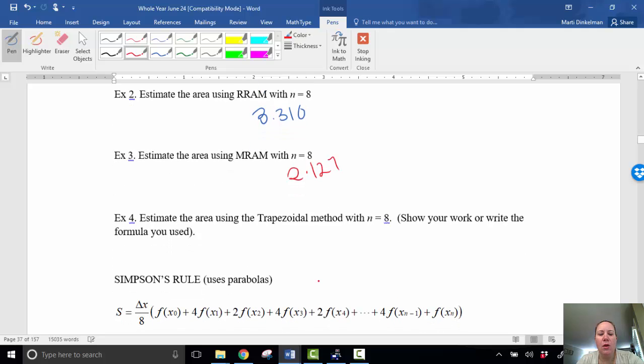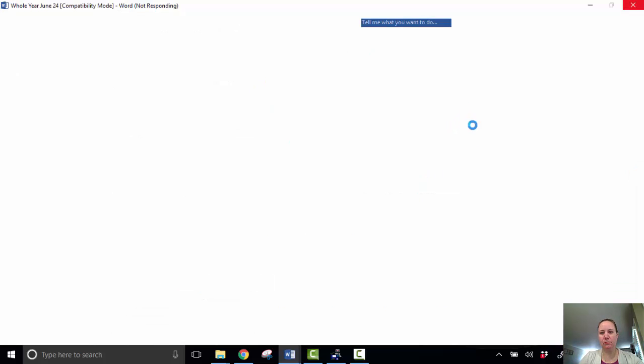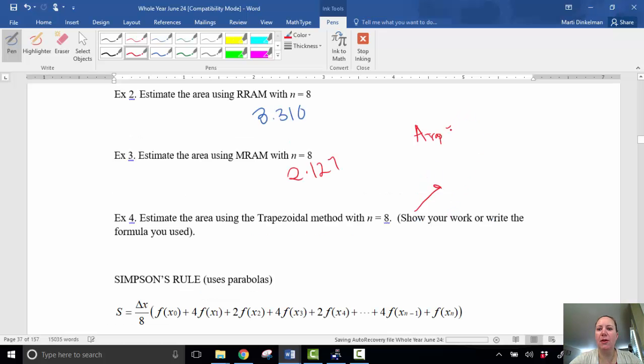Okay, so with the trapezoidal method, remember that, and I'm just going to insert up here because I have lots of space, the area of the trapezoid is base 1 plus base 2 divided by 2. It's averaging the bases times the height. And so for us, the height of each of these is going to be 1. And the bases are going to be those y coordinates that we found earlier.